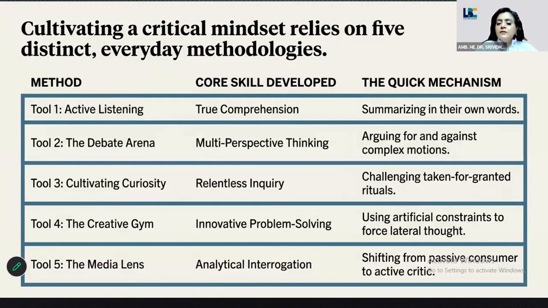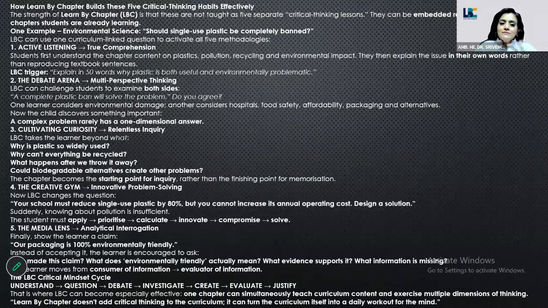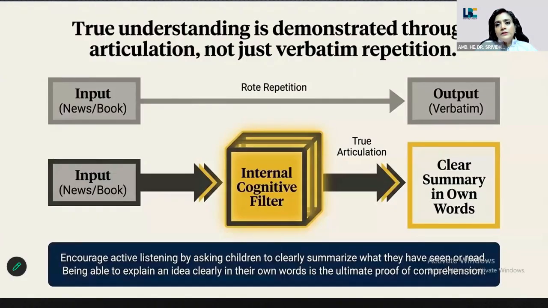With the creative gym, innovative problem-solving methods using artificial constraints to force lateral thought. And through the media lens, with analytical integration, shifting from passive consumer to active critic. So this is how we have seen in ample examples how Learn by Chapter effectively transforms the whole learning into an engaged learning process with a self-regulated approach.